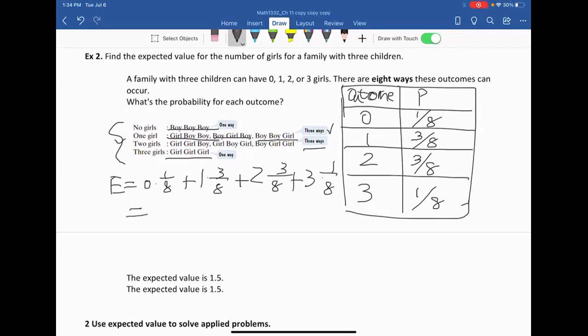So the number should be 0 plus 3 plus 6 is 9, 9 plus 3 is 12, over 8, is 1.5. So the expected value of the number of girls for a family with 3 children is 1.5.